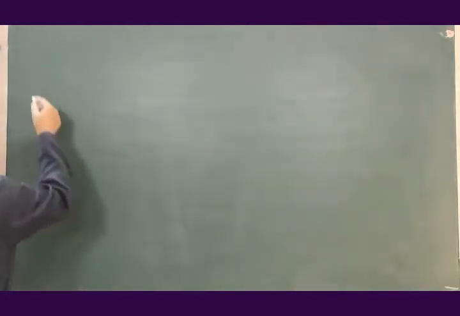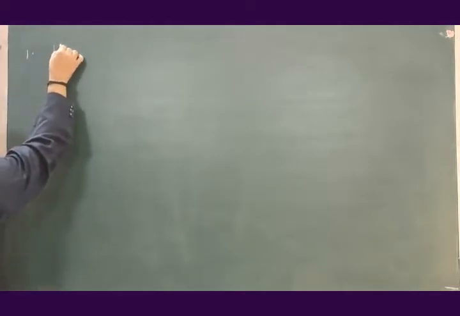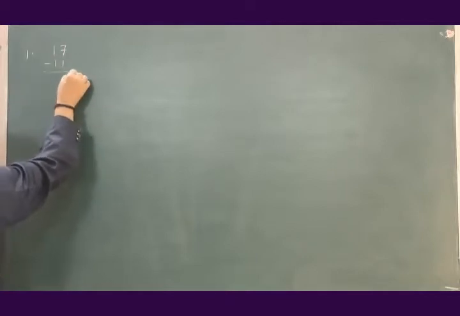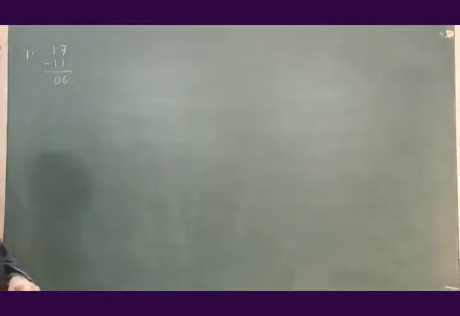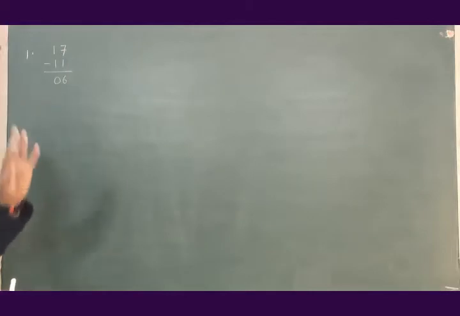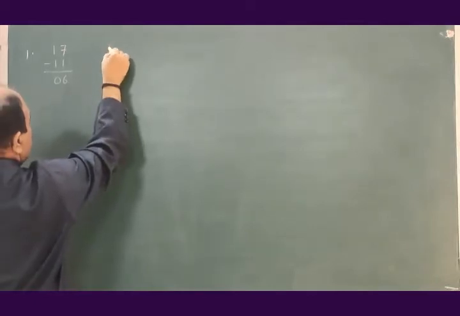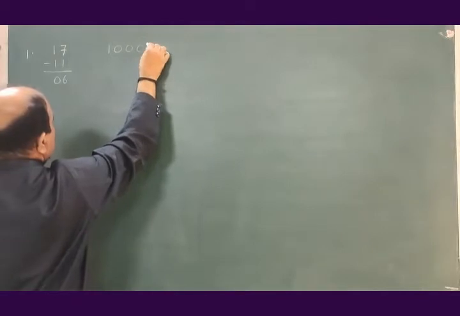First example, 17 minus 11. In decimal the answer is 6. Let us go for binary. 16 is 1, 0, 0, 0, 0.